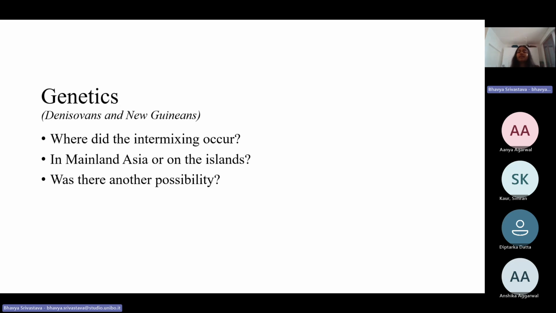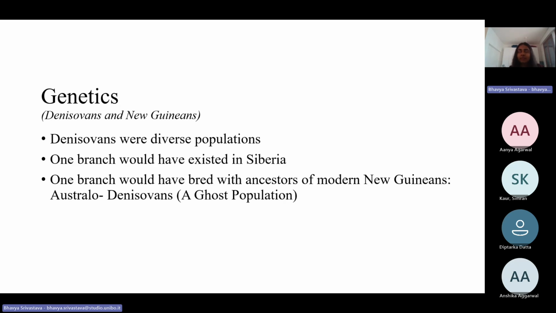Now, here is where we go a step ahead. What researchers interpreted with this situation was that 60,000 years ago, Denisovans were definitely larger in number, definitely more mobile. They were frequenting different parts of Asia, and they were a diverse population, which means that there would have been further subspecies of Denisovans also present.